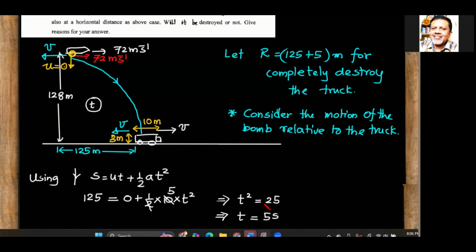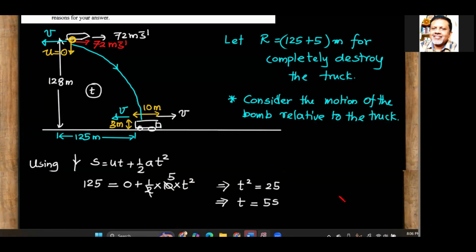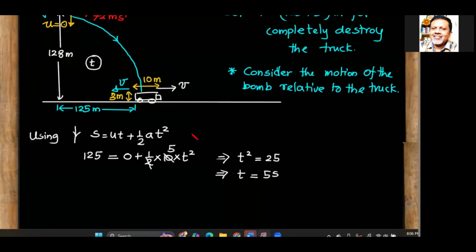Right? During these 5 seconds, at least the bomb should travel a distance of 130 meters. Right? 130 meters. So if you use an equation in the forward direction, something like S equals ut plus half at squared again.